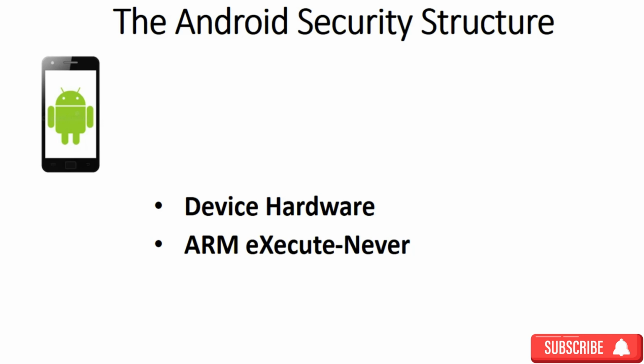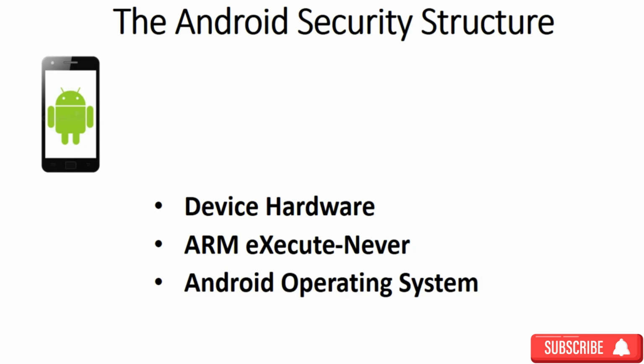Okay. Now the Android operating system is the core operating system and it's built on top of the Linux kernel. So it's all based on Linux. All device resources like the camera, Wi-Fi, Bluetooth, GPS, telephony functions, the network connectivity, etc. are accessed via the operating system itself. Okay.